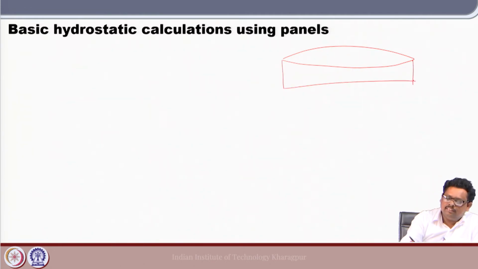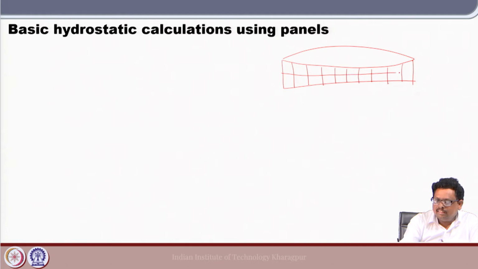I could use some graphs also, but I thought this is fine. So, suppose this is the panel, right. Now, if you remember, we have already discussed how to get the area of a 3-dimensional planar surface.